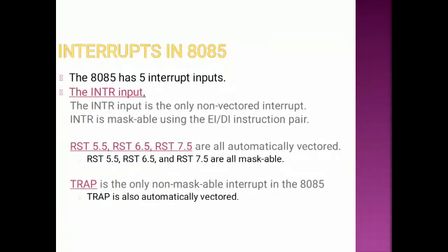So 8085 has 5 interrupts. INTR input is the only non-vectored interrupt. It is maskable using enable interrupt or disable interrupt. RST 5.5, 6.5 and 7.5 are automatically vectored interrupts. Trap is the non-maskable interrupt having highest priority.